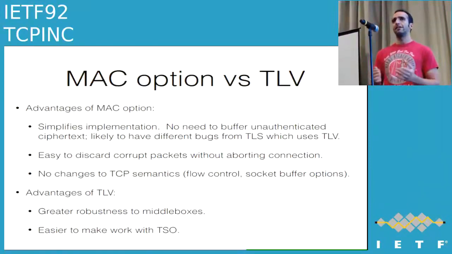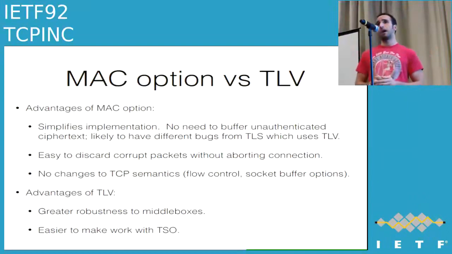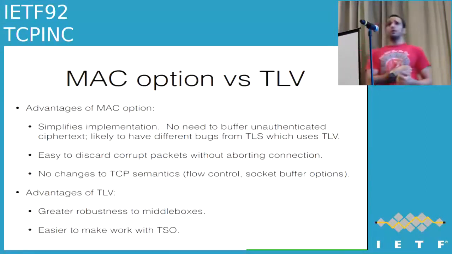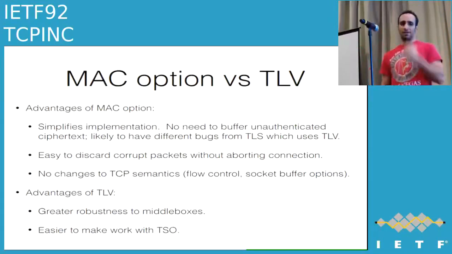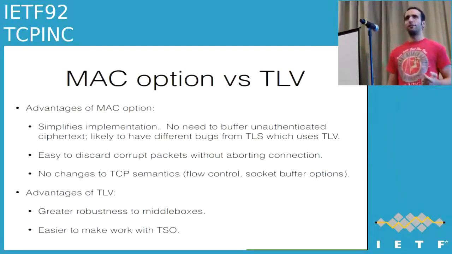Now, what are the advantages of going TLV? And that's what's been mostly proposed by the working group. The main advantage is that it's more robust to middle boxes, right? So if now you split packets, or if you strip options, or you coalesce packets, you don't have an issue anymore, right? Because you don't really care about option space at this point. Everything is inside your data.